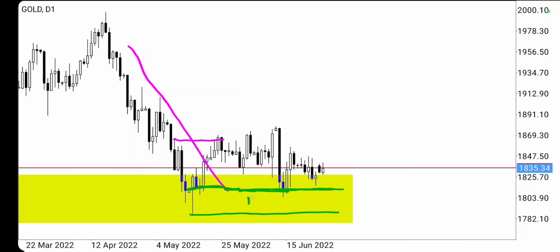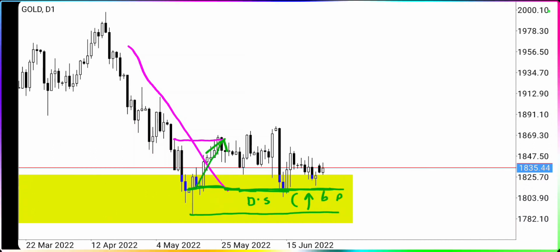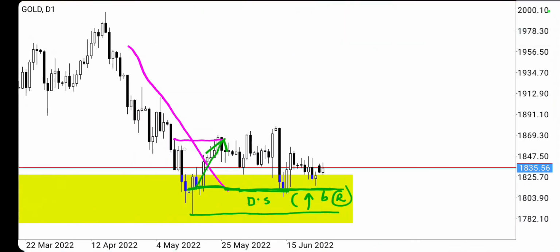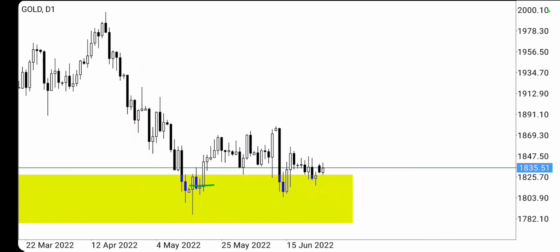So this is your daily support that gave us the move to the upside, and in that move it broke resistance, which is this one, and it also broke the bearish trend line, which is this one. So it's a very nice support. You see that? That's why after identifying all of that, you say, if the price comes back to it, I'm definitely going to execute. And the price came back to it there, and then it got rejected like that.